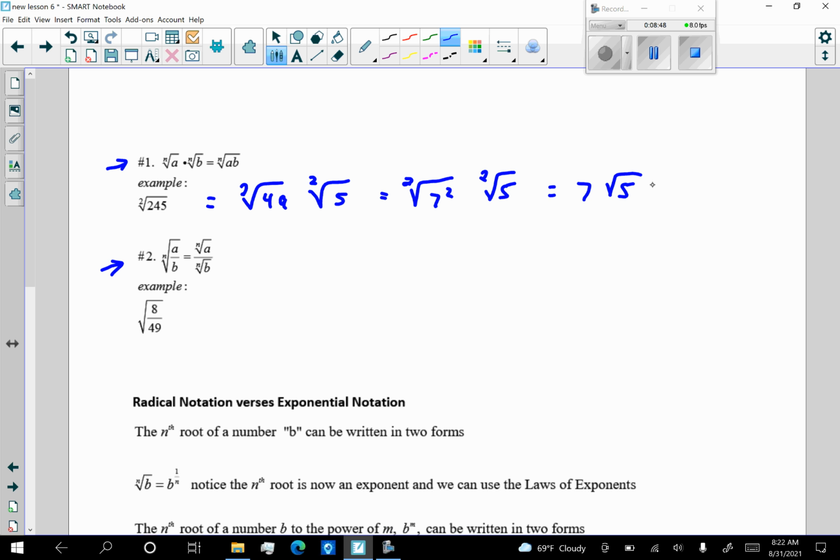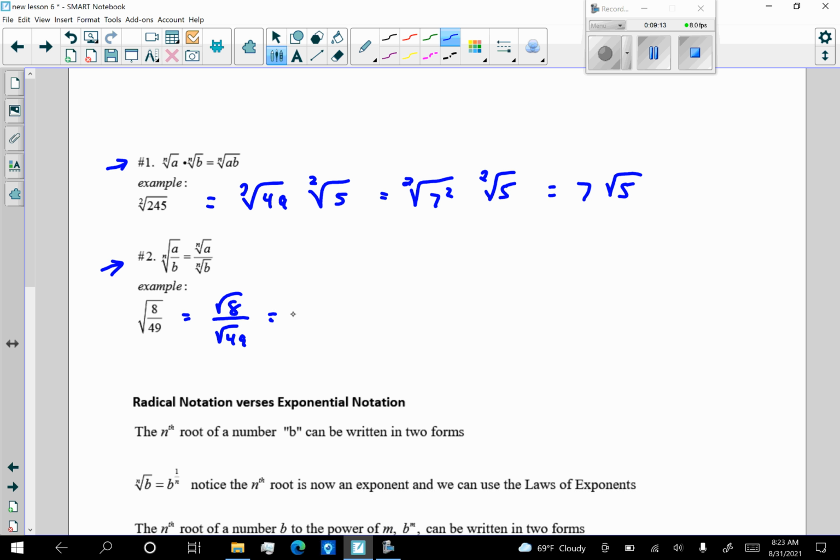Now I'm going to demo the second property, which is the nth root of a over b is the nth root of a divided by the nth root of b. This is a square root example again. First thing I'm going to do is the square root of 8 over the square root of 49. I have to take out all the perfect square factors since I'm dealing with square roots. Oh, I know this is 7.